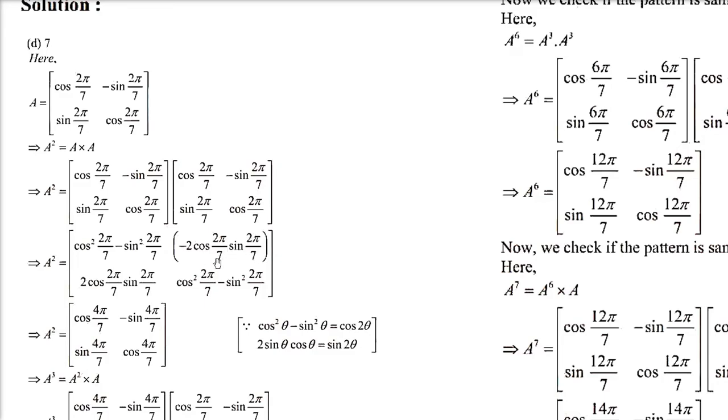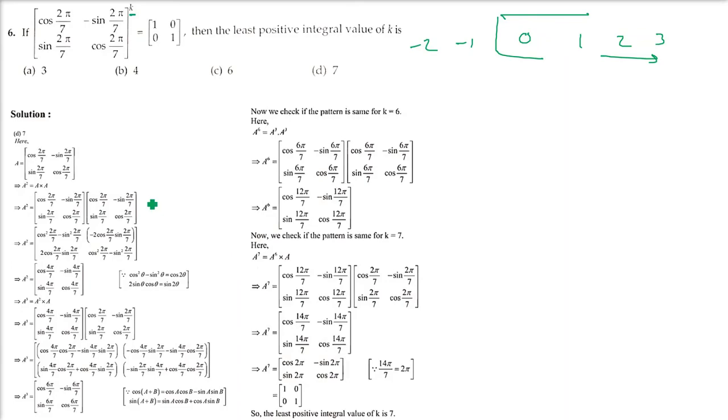Now what do you get here? You have to use the trigonometric equations, because cos square theta minus sin square theta is cos 2 theta. Because theta is 2 pi by 7 here, it will be cos 2 into 2 pi by 7. That is going to be cos 4 pi by 7. So this is the catch. Everywhere you have to use this.